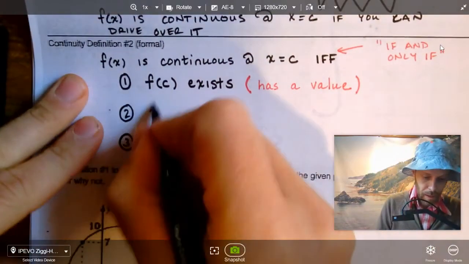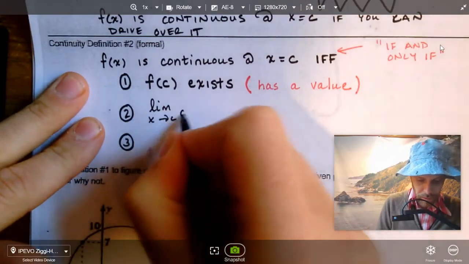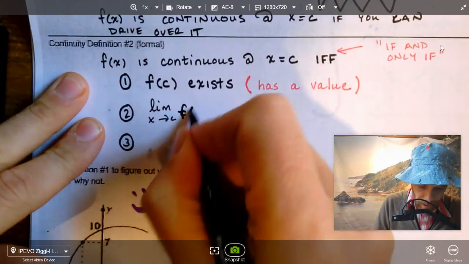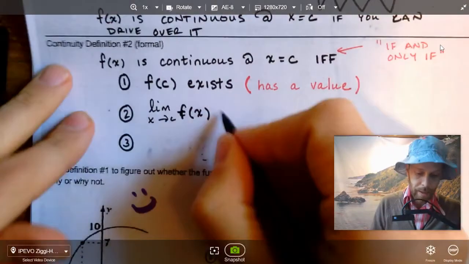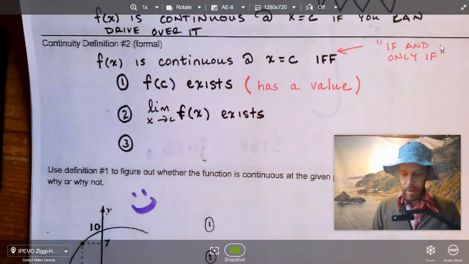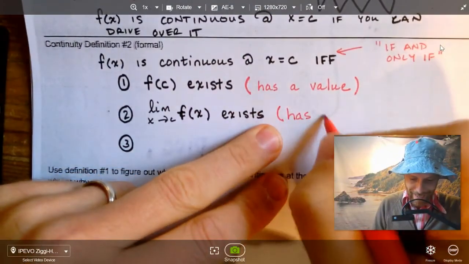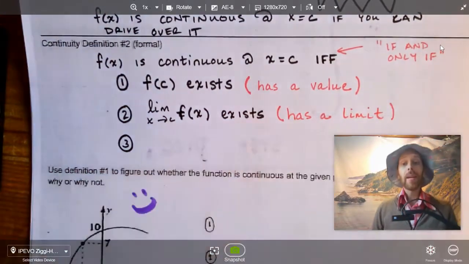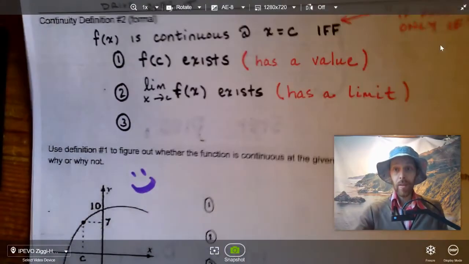Next one, the limit as x approaches c of our function also exists. Okay, so that's another way of saying it has a limit.